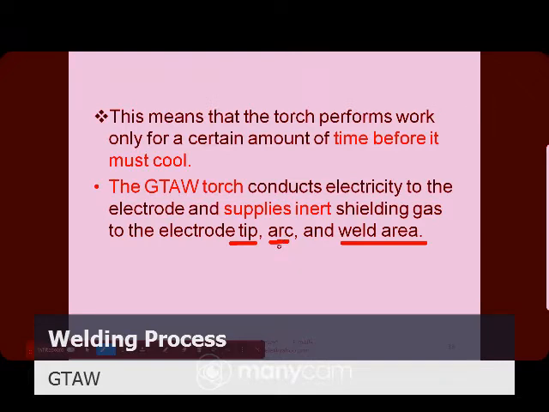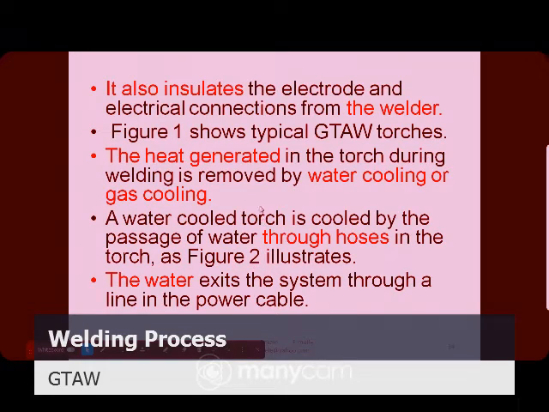We cannot produce a stable arc if it is not shielded by shielding gas, by inert gases. And here also the welding area. When you say welding area, there is the molten metal or welding puddle and the heat affected zone. So this must be protected from air contamination. This is the function of gas tungsten arc welding torches.